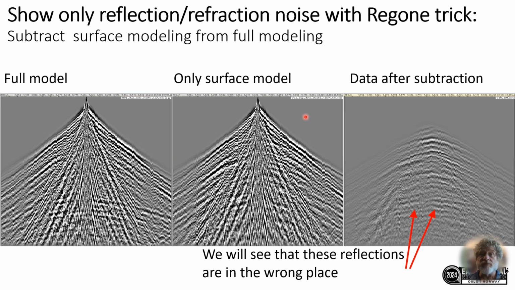So this contains no reflections. It only contains surface traveling energy. And since this is synthetic data, we can subtract the two, and the subtraction is perfect. And the result you see here, which appears to contain only reflections, and it does contain only reflections, but a lot of this is corrupted reflections from the junk energy.